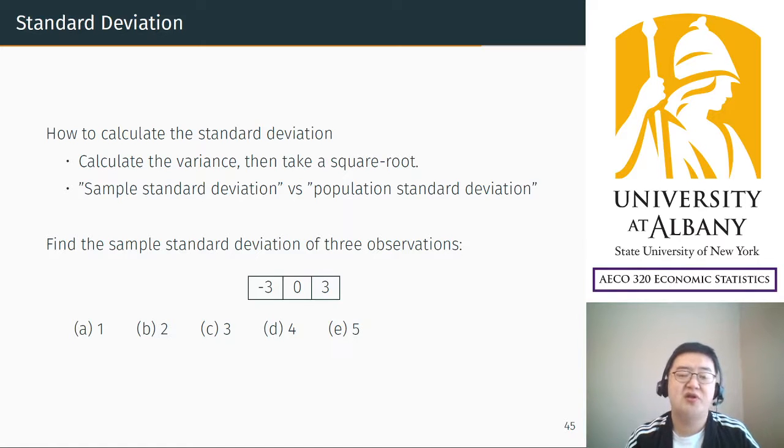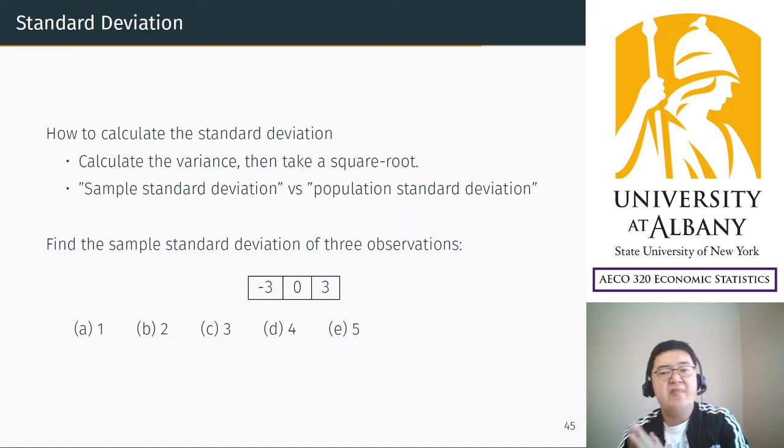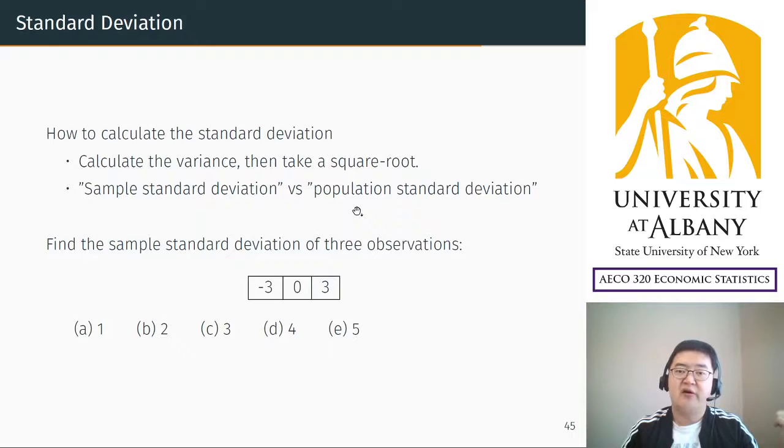You have to distinguish the sample standard deviation and the population standard deviation. They have different formulas, and in particular, whether you use n or n minus 1 in the denominator is the major difference. Refer to the variance formulas slide. Also, you have to calculate squared deviations and multiply by probability when you have a probability distribution table. Just add one last step after calculating the variance, which is taking a square root.